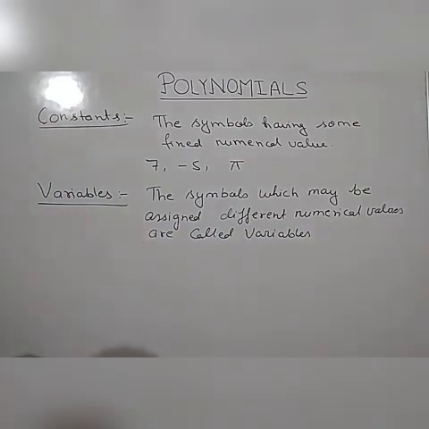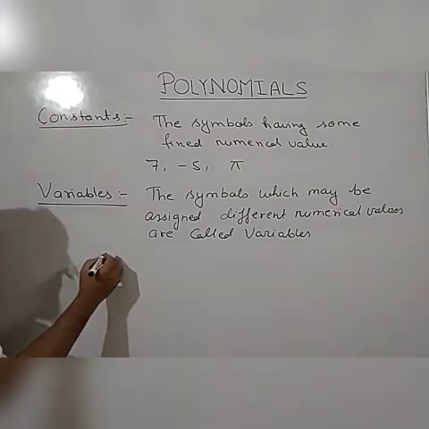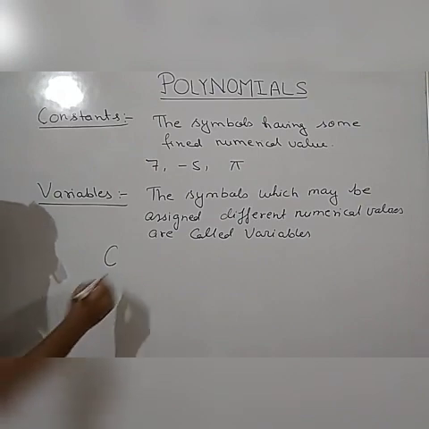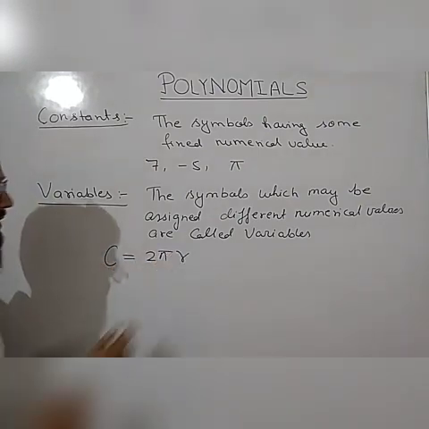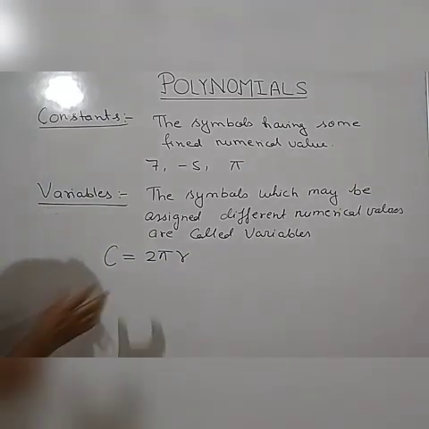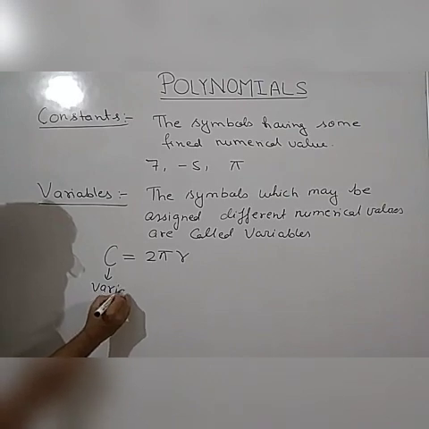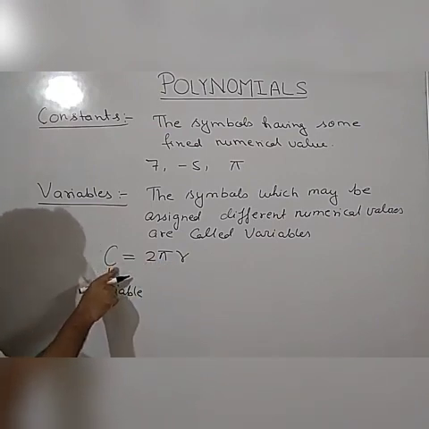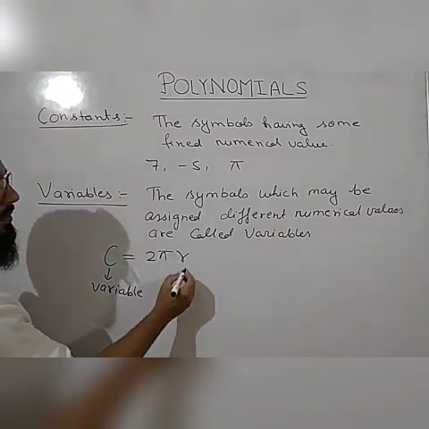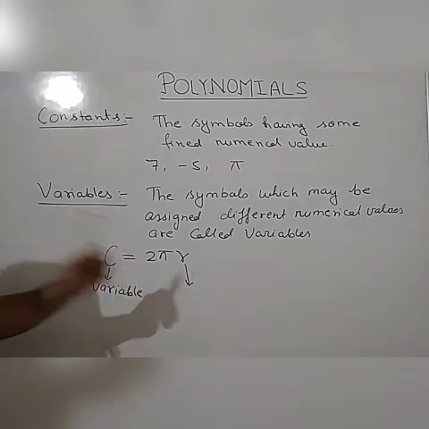For example, you have studied the formula of the circumference of a circle. Circumference is denoted by c, and the formula for it is 2 pi r. Now in this formula c is a variable, and c depends on the value of r. If we change the value of r, then the value of c will also change.